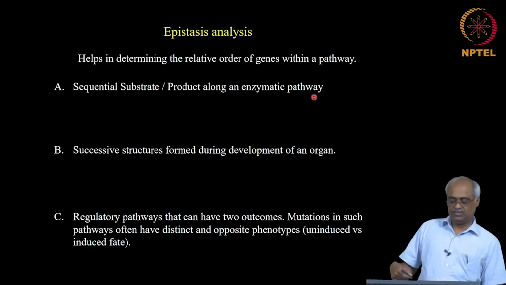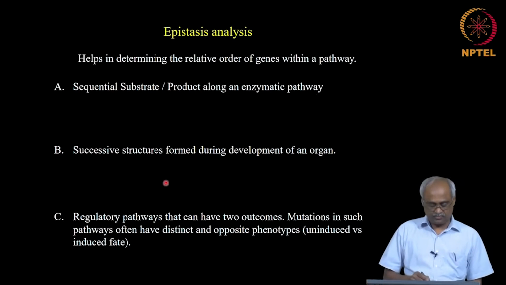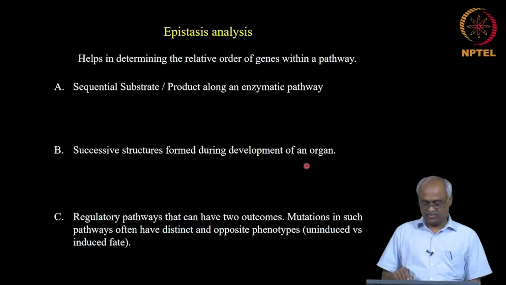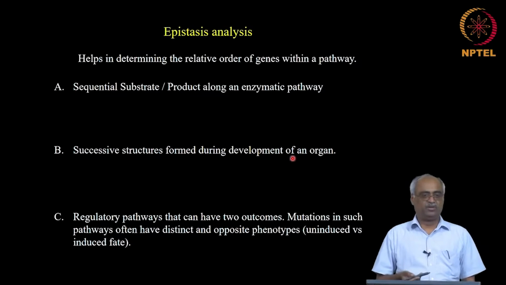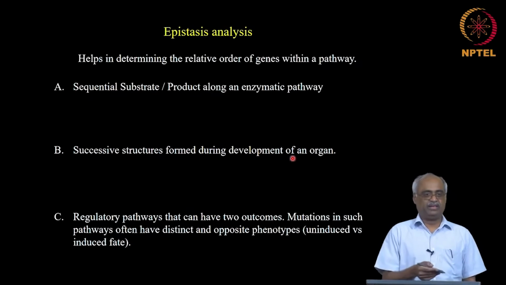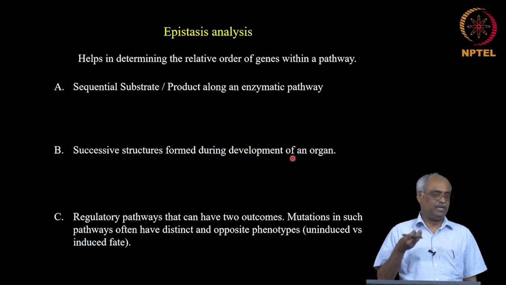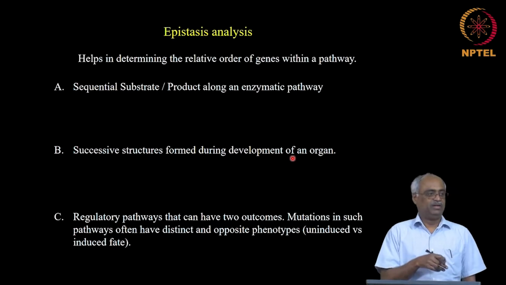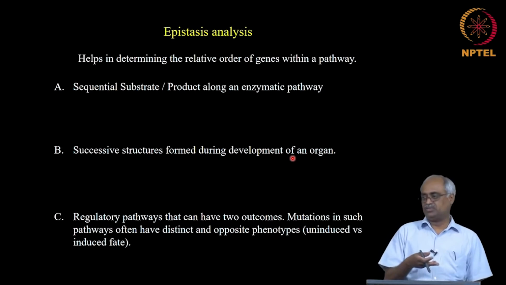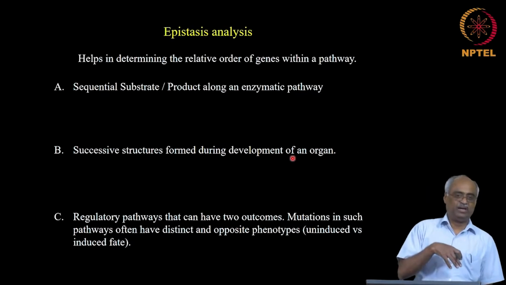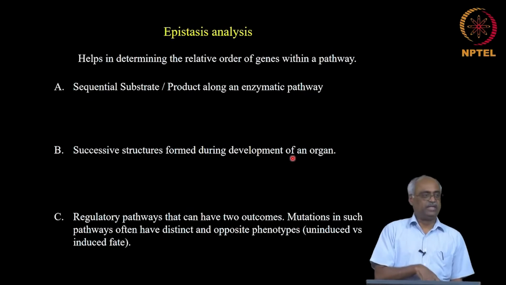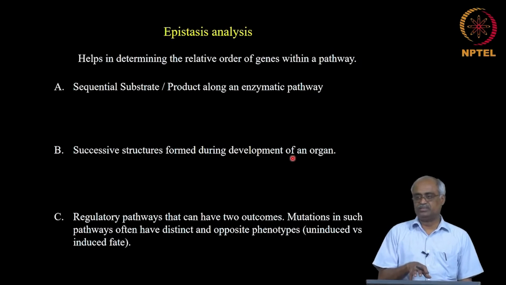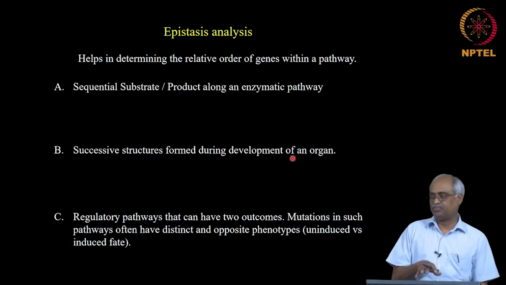And then you also know successive structures formed in the development of an organ. So in our example organ, like for example vulva development, you have to have PNPs, like only if you have them can you have the induced fates as well as the uninduced fates, and only if you have those fates can you actually end up making the different cell types that make up the vulva.